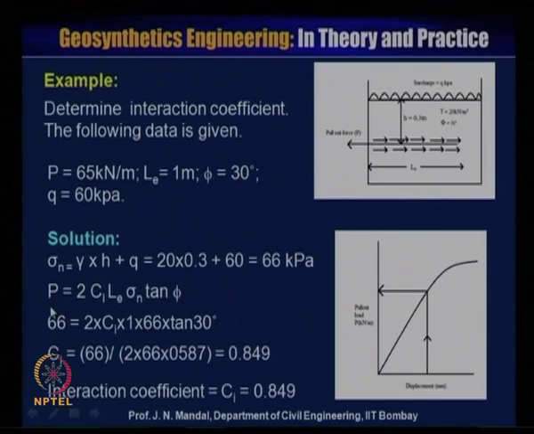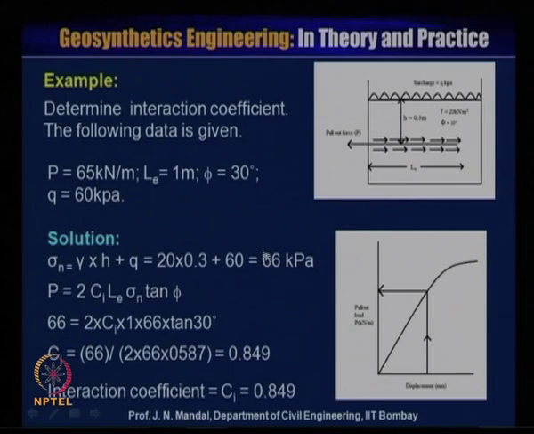Now we know the equation P is equal to Ci Le sigma N tan phi. So P is given as 65 kilonewton per meter, equals 2 into Ci into Le, which is 1 meter, into sigma N into tan phi.